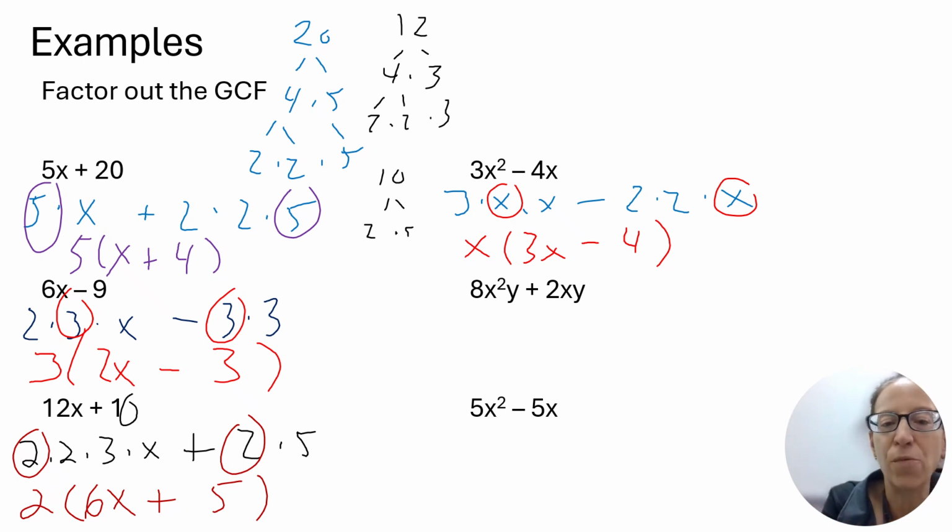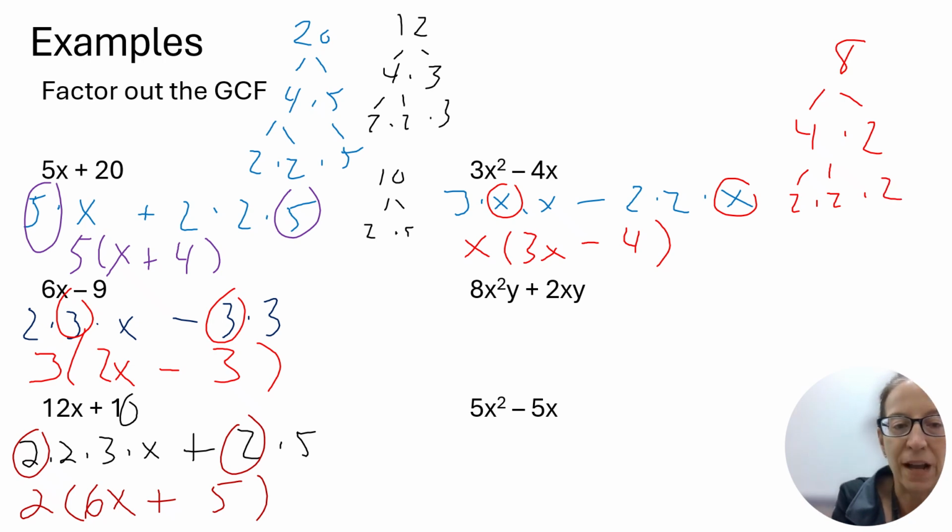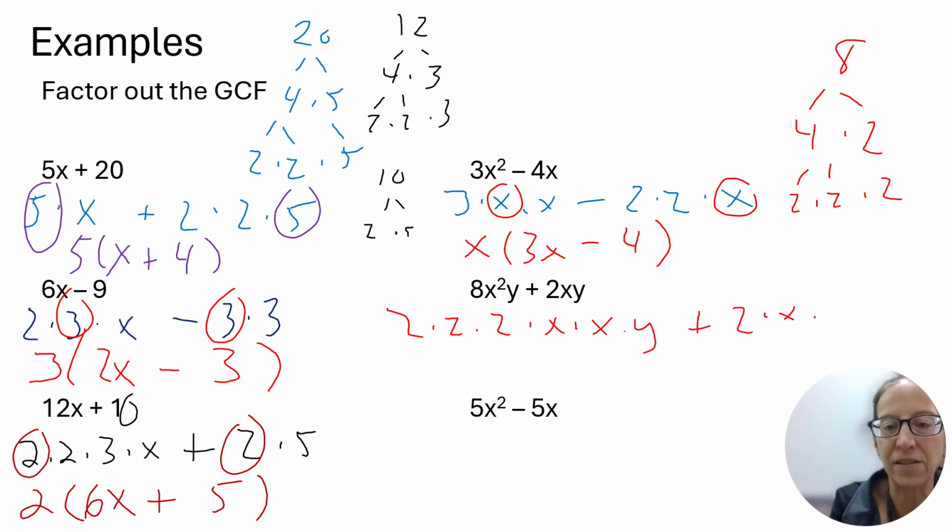All right, so what do we have here for 8? 8 factors into 4 times 2, and then the 4 factors into 2 more. And so we're going to have 2 times 2 times 2 times x times y. The x squared breaks into x times x, plus 2 times x times y. Now, again, we're looking for everything we have in common.